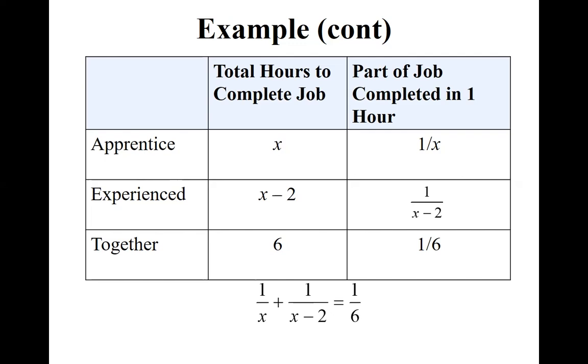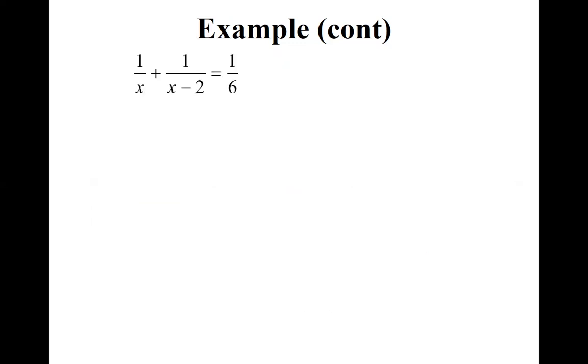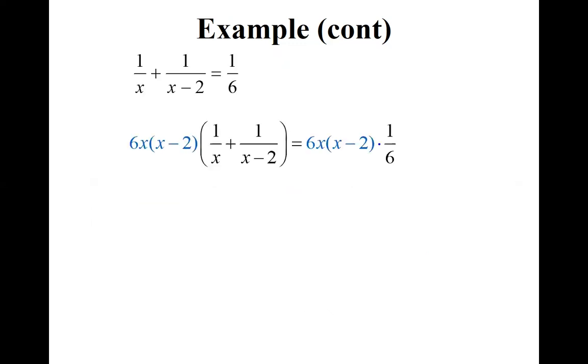The LCD is 6x times x minus 2. Distributing on the left. In the first term, the x's cancel, leaving us with 6 times x minus 2. In the second term, the x minus 2's cancel, leaving us with plus 6x.